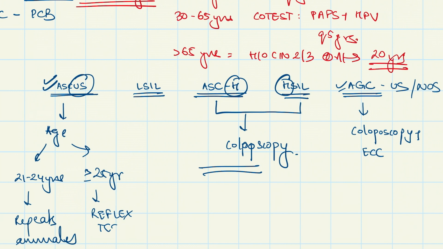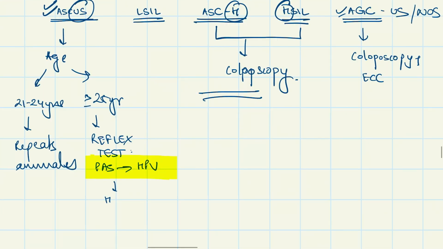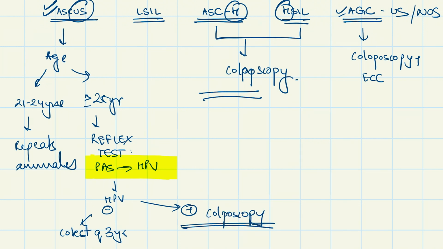Reflex test is nothing but Pap smear followed by HPV, right? So if you do Pap smear and HPV simultaneously, it is called a co-test, while Pap smear followed by HPV is known as a reflex test. Now if the reflex test shows HPV negative, then you do co-test every 3 years, but if HPV is positive, then colposcopy is done. That is colposcopic guided biopsy.